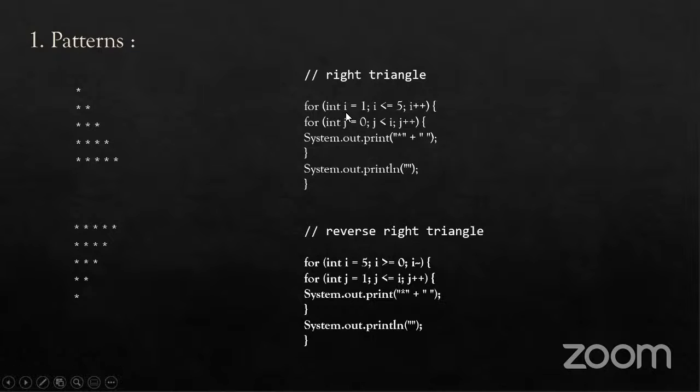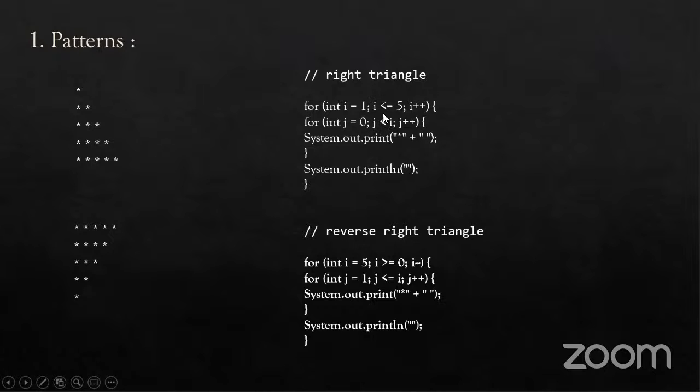First i will be 1, and when coming to the j loop, it will check whether j is less than or equal to i.